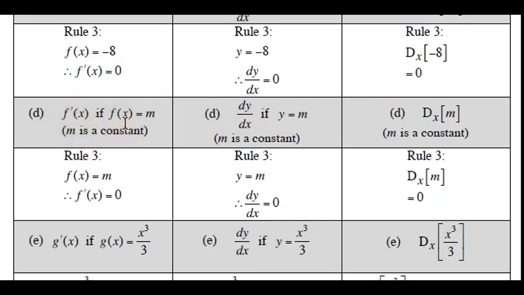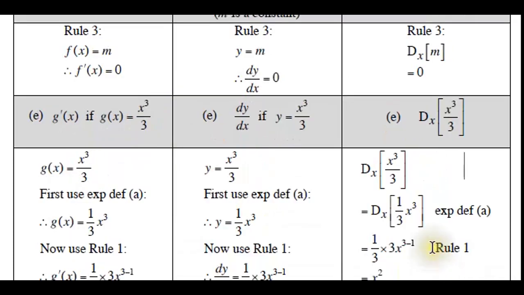So because you're doing a derivative on x, and this is an m and not an x, that m is like a constant. Okay, so that m is as good as a number, so that means it will also be 0. I hope that makes sense. So if you're doing a derivative on x and they give you a letter like m, your answer will be 0. If it was f of x is equal to y, but you're doing a derivative on x, that's still going to be 0.